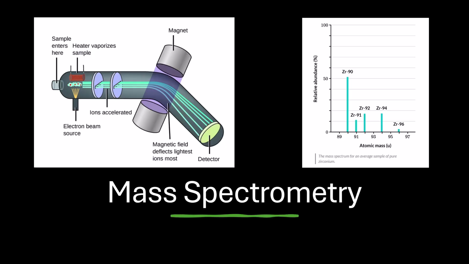And so the resulting pattern tells us which isotopes are present, and it tells us in what proportions they are present. And so we're going to use this data to be able to figure out what element we're looking at. We're going to be able to figure out how many neutrons are in each isotope and various ways in which the AP test is going to test this knowledge.